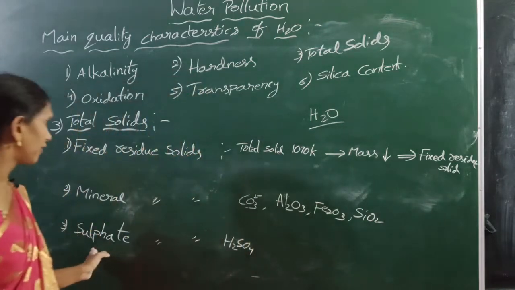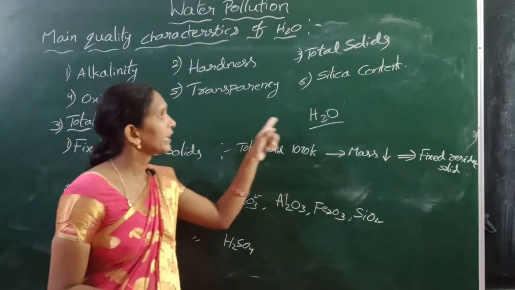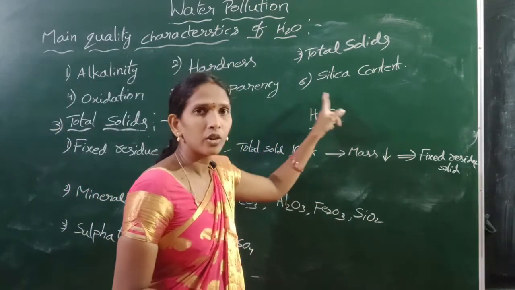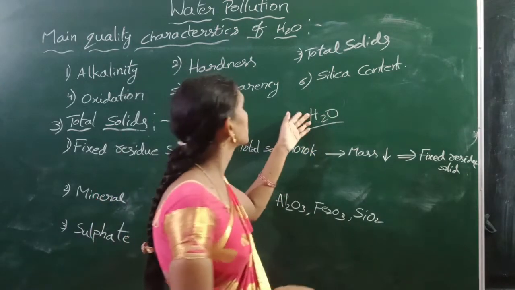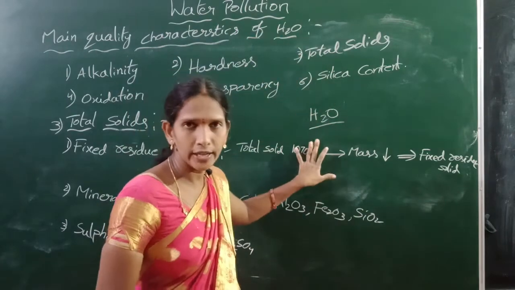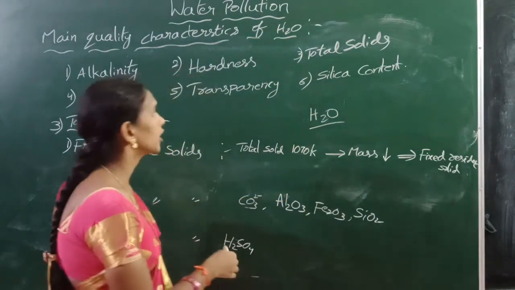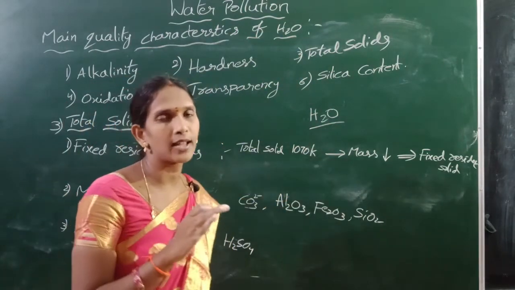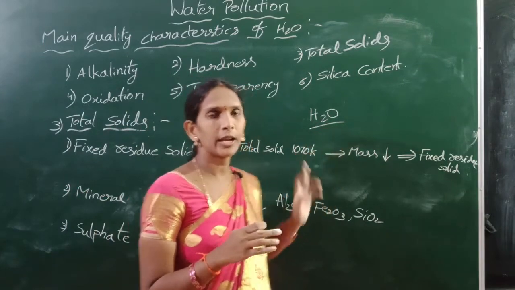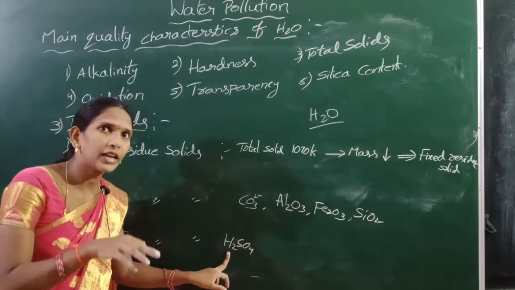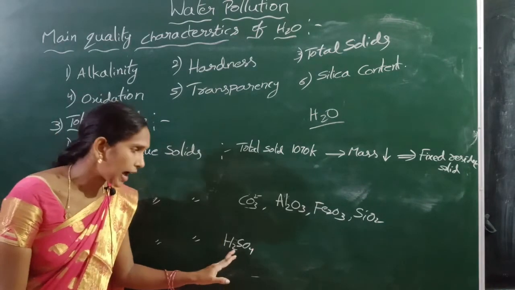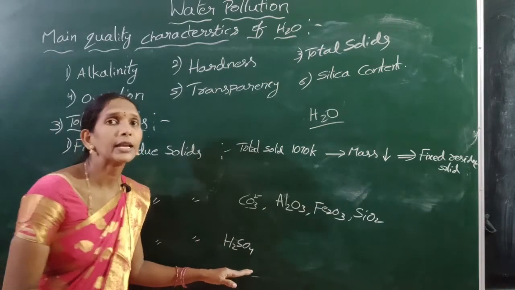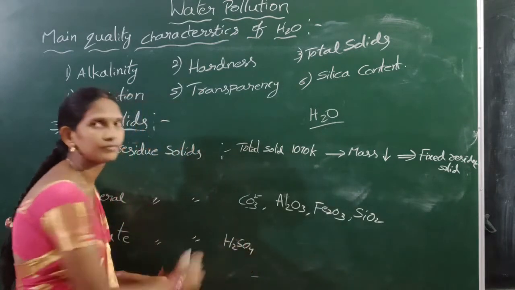It's called sulfate residue solids. Here water means not only H2O. In this case water is polluted. That means both calcium and magnesium ions are present here, so those cations can react with the sulfuric acid. All the cations can be replaced by sulfate.